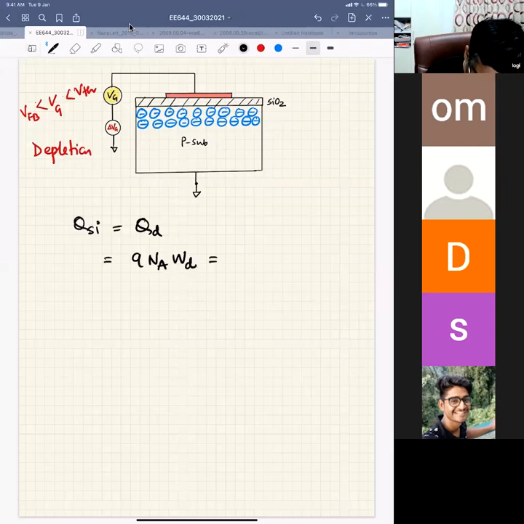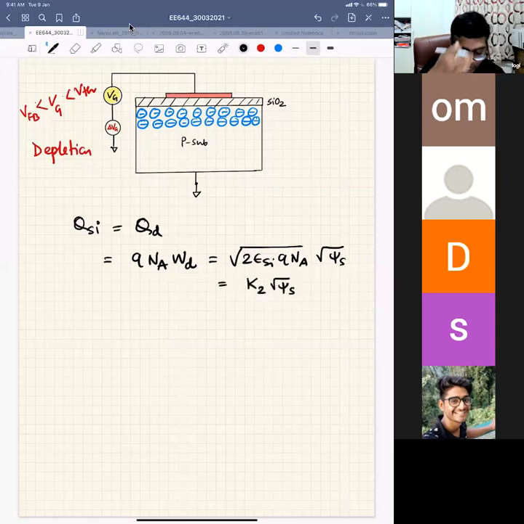And we know this is root over 2 epsilon Si q NA times root over psi s, okay, some constant times root over psi s, right? So your charge, in this case your QSi, is nothing but K2 times root over psi s.